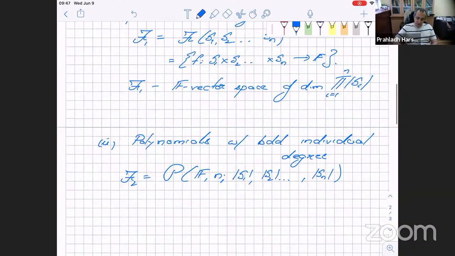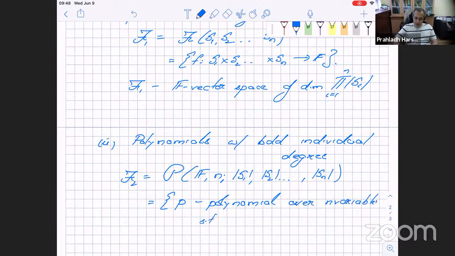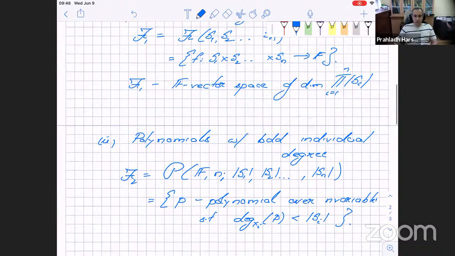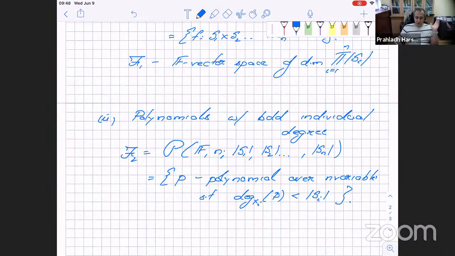What is this? It is the set of polynomials P over n variables such that the degree of the ith variable of P is strictly less than the size of Si. This was F2. We defined these two classes.